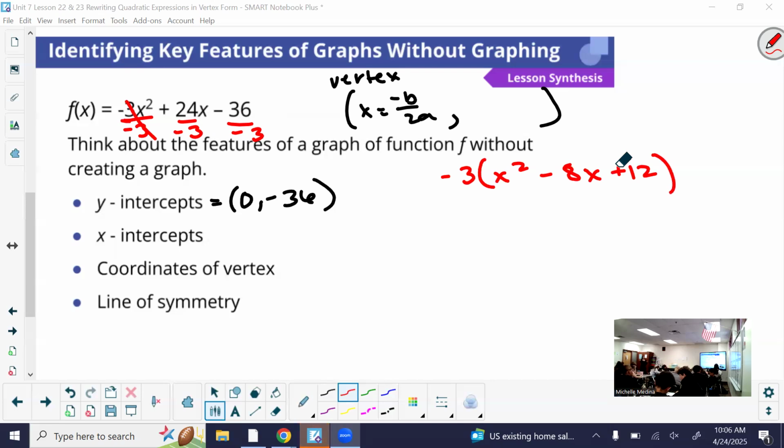And then to keep factoring, because all we did was factor out the GCF, which you have to do. To keep factoring what's in the parentheses, I see that it's a trinomial, so I'm going to factor it with my diamond method. So seeing what two numbers multiply to 12 and add to negative 8.